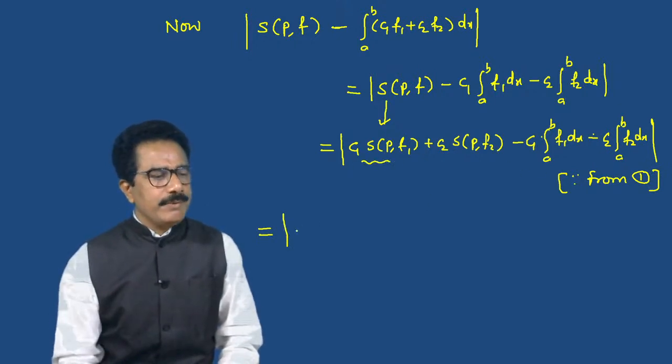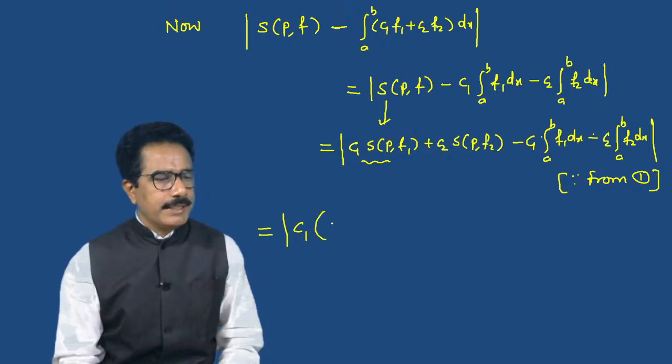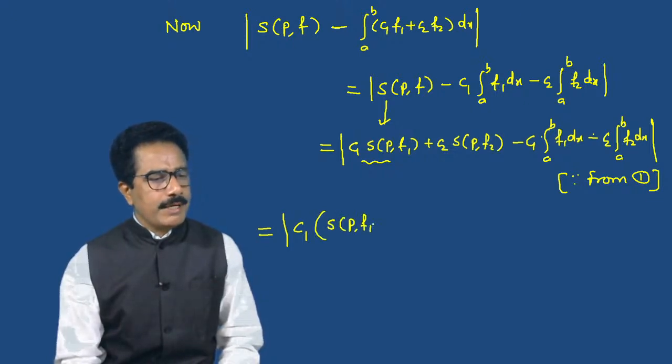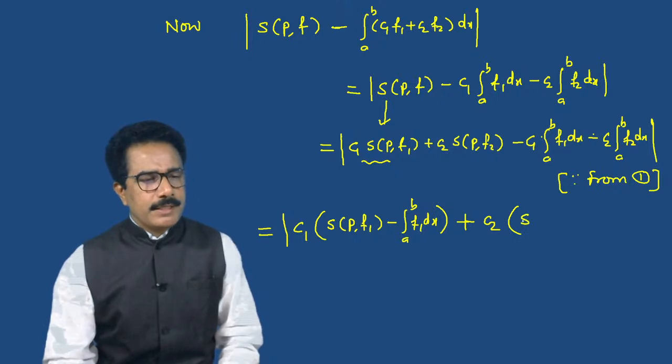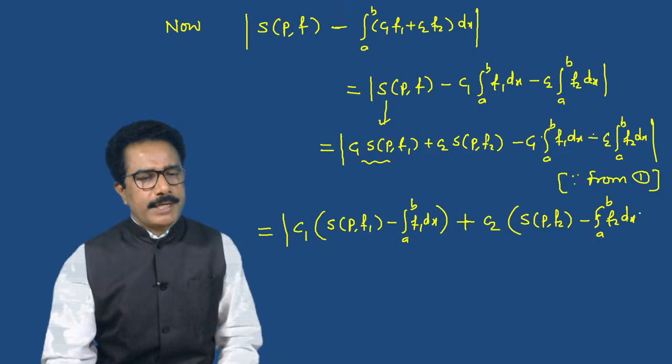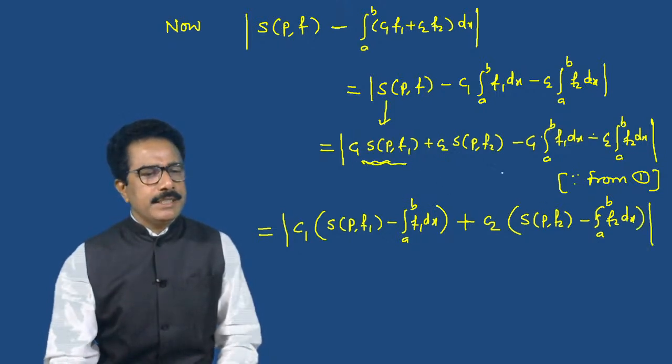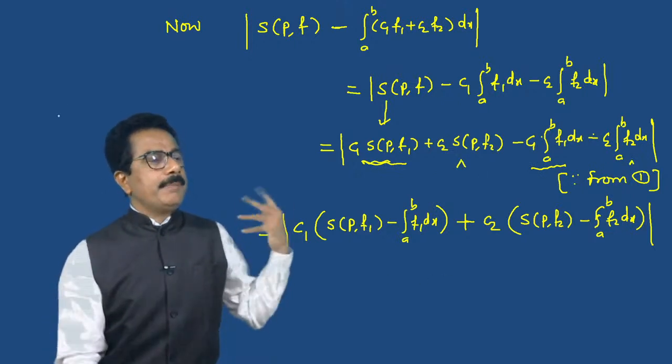इथं आणि इथं c1 कॉमन काढा, c1 in a bracket S of P comma f1 minus integral from a to b f1 dx plus c2 कॉमन काढा, S of P comma f2 minus integral from a to b f2 dx. काय केलं रे, इथनं आणि इथनं c1 कॉमन काढला, इथून c2 कॉमन काढला. आता परत प्रॉपर्टी वापरा.